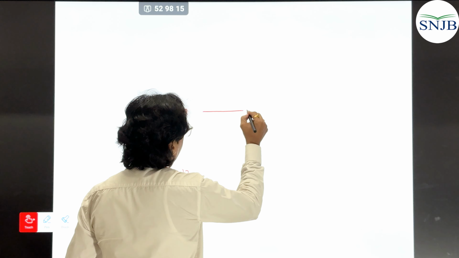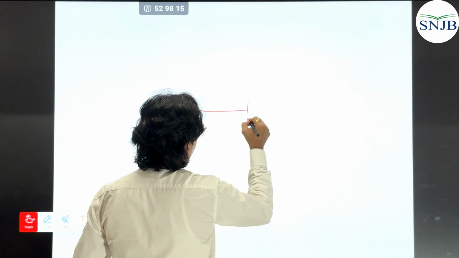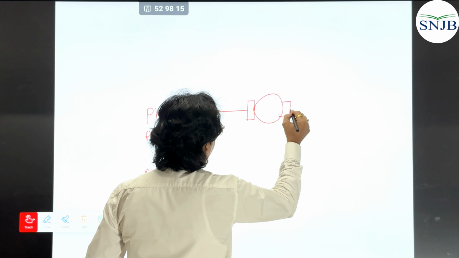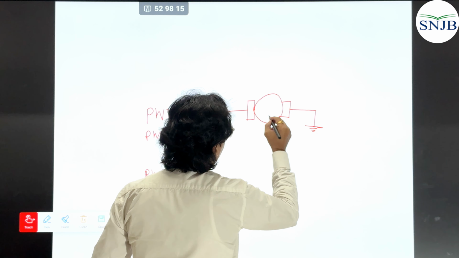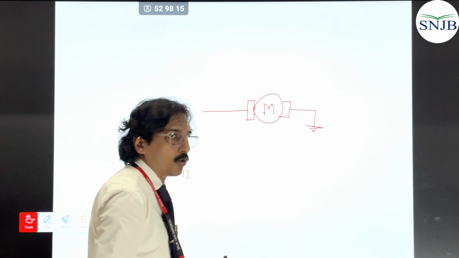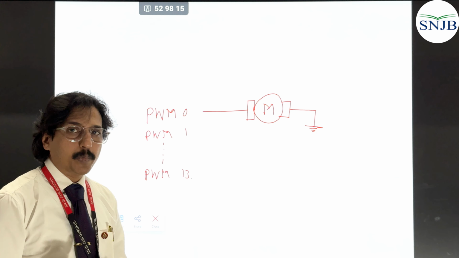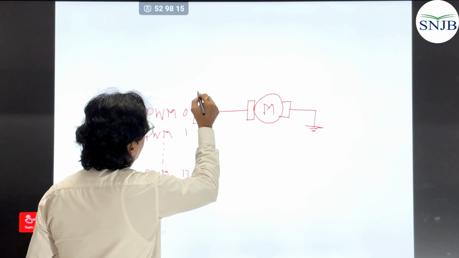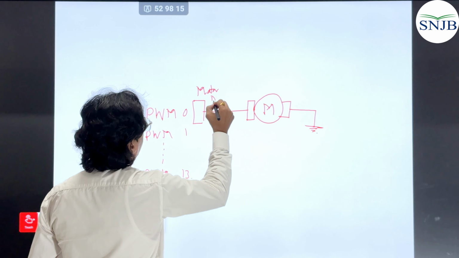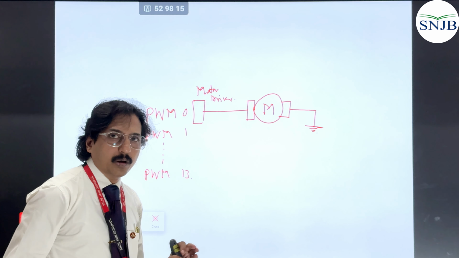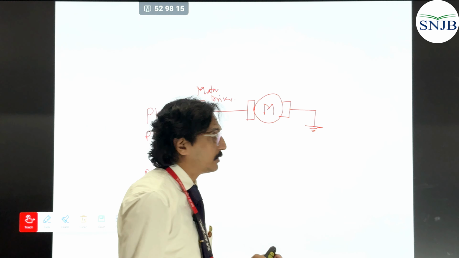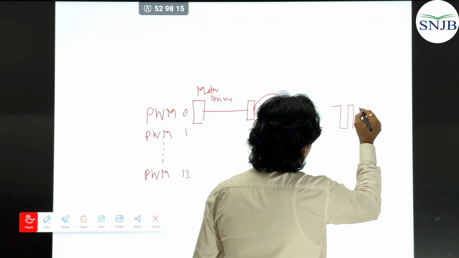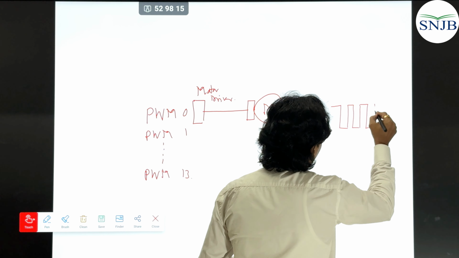If we connect one DC motor to it, with a motor driver over here, then we can control the speed of this DC motor. This pulse width modulation is programmed in such a way that it varies the width of the square waveform.